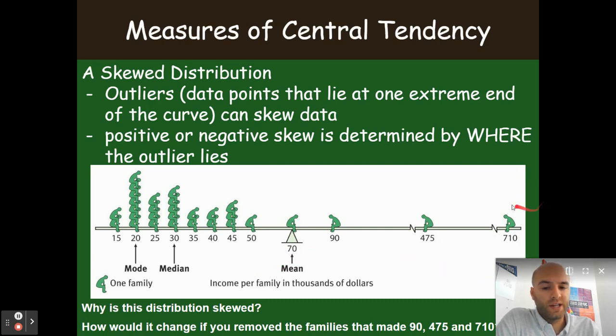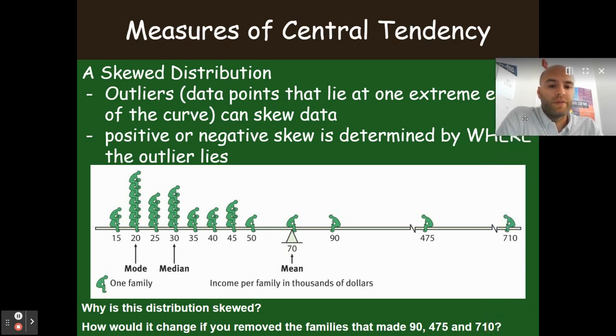How would it change if you remove the families that made 90, 470, 475, and $710,000 per year? Well, hopefully, removing those families would shift the curve back over, and our mean, median, and mode would once again meet and form a normal distribution.